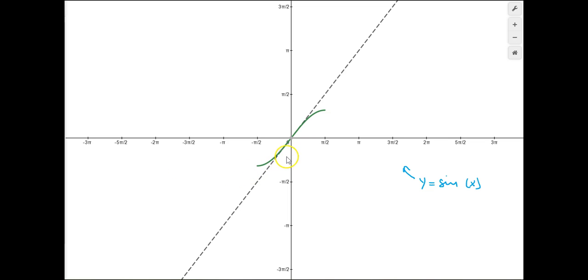So this is the portion that we're going to define the inverse sine function for. So if we flip that about that black dotted line, there's the graph of your arc sine function. And let's take away the sine and the black line, and there we go. So you see this here is the graph of your inverse sine function, or your arc sine.